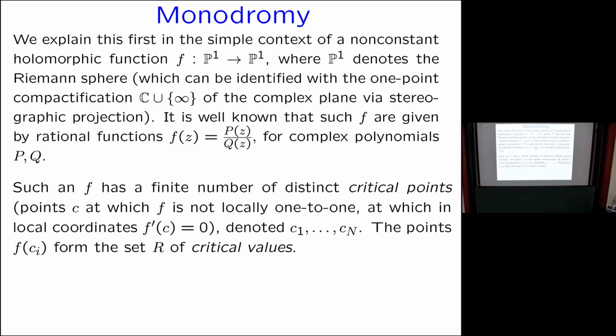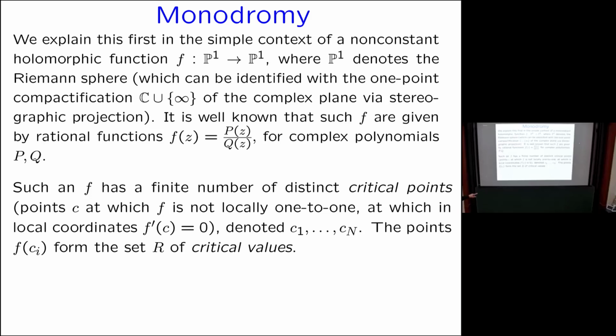Okay, so now such an f, a rational function, has a finite number of distinct critical points. So what's a critical point? It's a point at which f is not locally one-to-one, which means that in suitable local coordinates, f prime is 0.